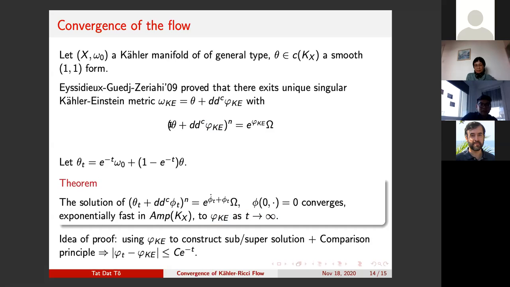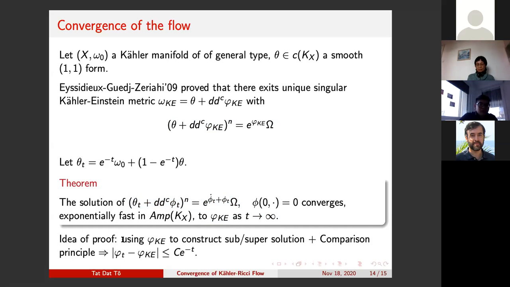So that means this equation is the steady equation of our flow. If you remove the term derivative of phi_t, it should be somehow the elliptic equation. And basically our result states that we can detect the Kähler-Einstein metric using our viscosity solutions.